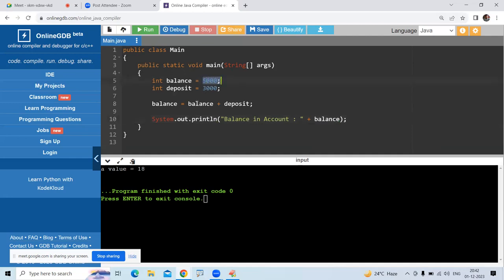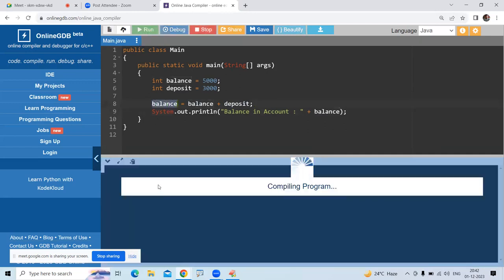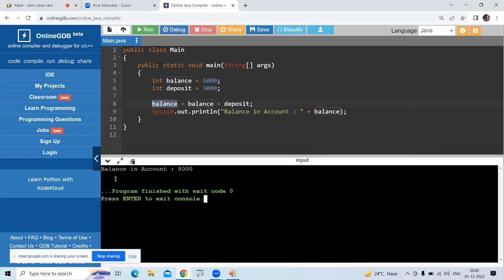Balance is 5,000. 5,000 plus 3,000, 8,000 rupees will store into balance. So that balance 8,000 rupees will print. Sir, suppose I'm taking int. A new variable always you have to take with a new name.